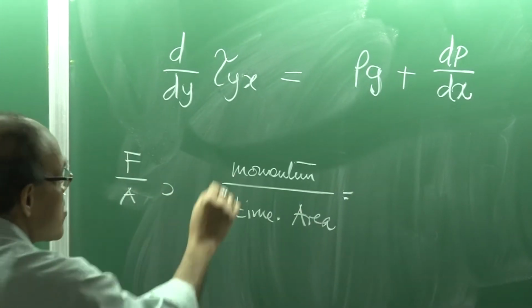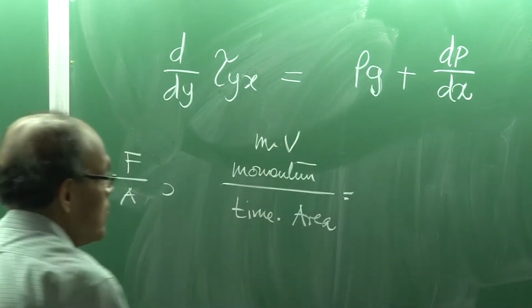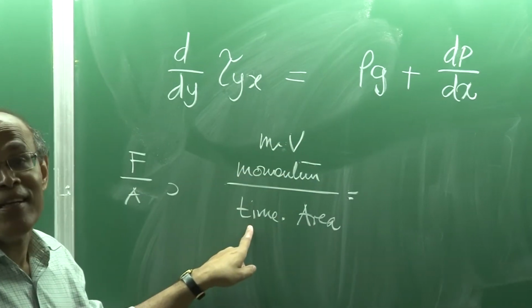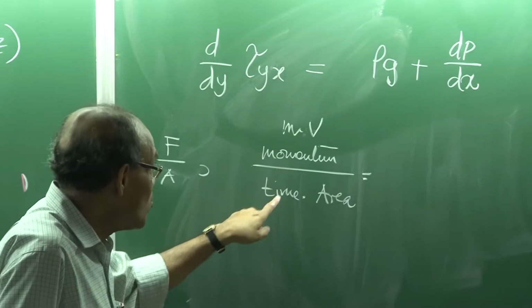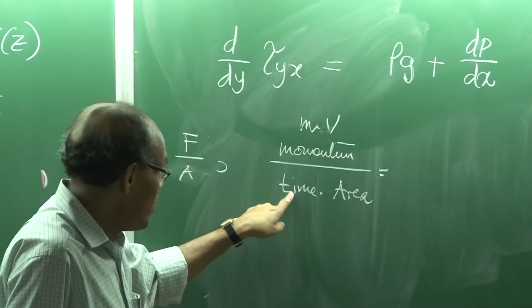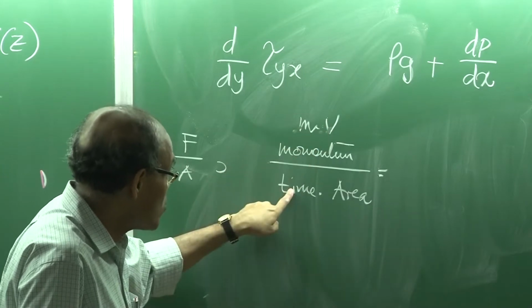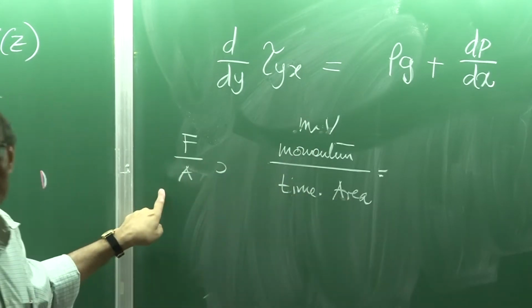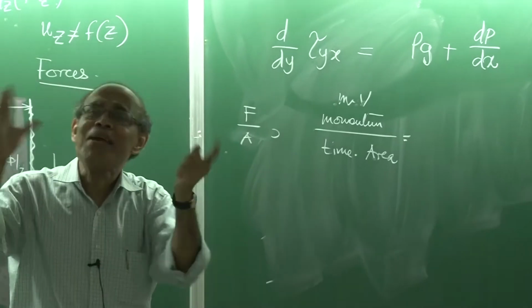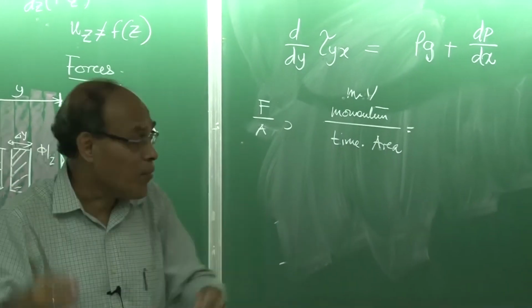But momentum is mass into velocity, and velocity by time is nothing but acceleration. So mass into velocity by time is force. Velocity by time is acceleration, mass into acceleration is force, and force divided by area is shear stress. So it is one and the same thing, depending on how you want to interpret it.